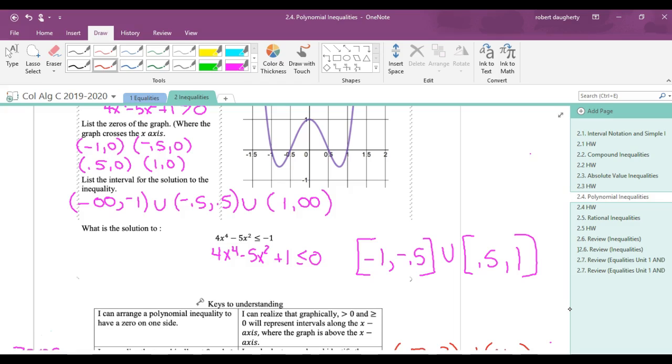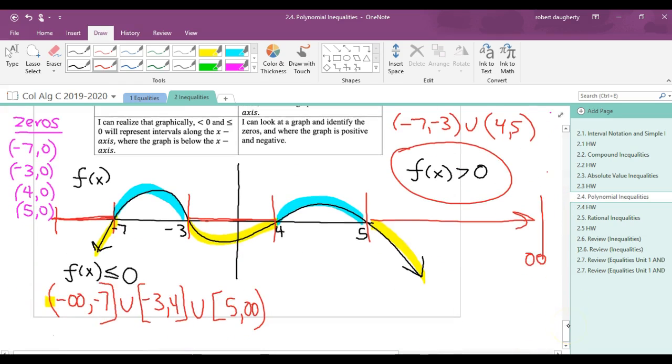And then if it's a less than variety, you're looking for where does the graph go below the axis. If it's a greater than variety, you look for where it's above. If you see greater than or equal to, less than or equal to, you're going to be dealing with brackets. Everything else is going to be with parentheses. And then, like I said, pay close attention to when you get to something like this. You're traveling on the x-axis, so this interval is 5 to infinity. Not tempted to say 5 to -infinity.